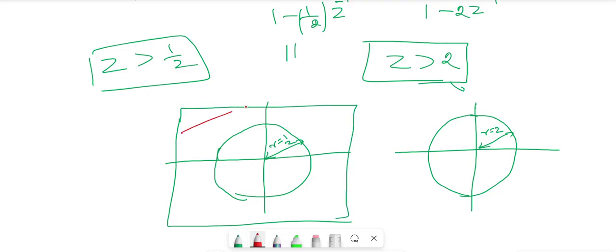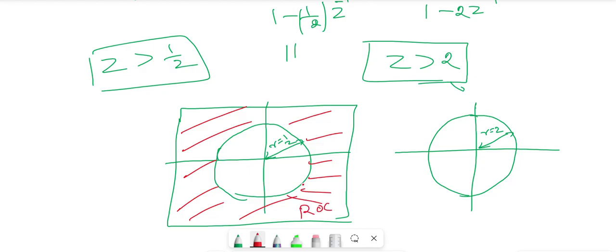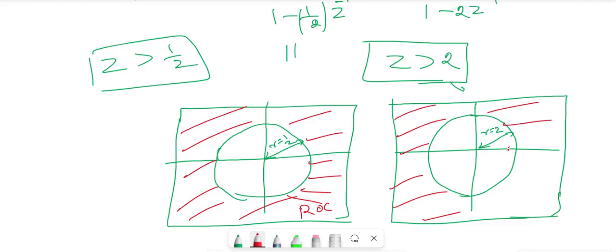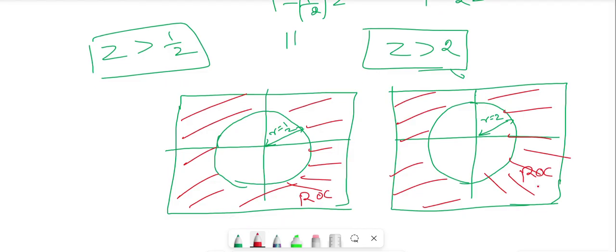What is ROC? If the system is to have a finite amplitude, that should be greater than 1 by 2. For this, the system has to have a finite amplitude. So this is your ROC.